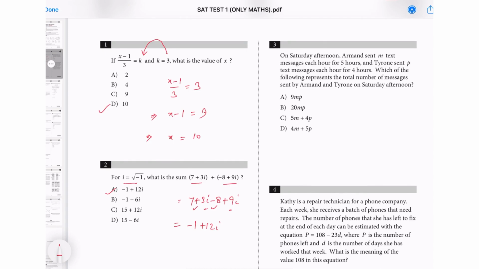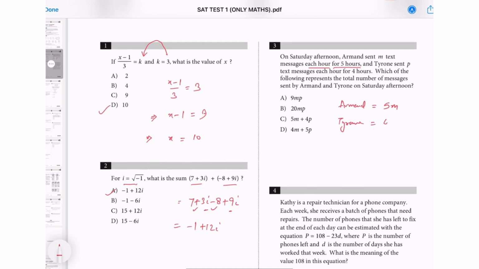Question number 3. On Sunday afternoon, Armand sent m text messages each hour for 5 hours. So the total messages sent by Armand are 5 into m. Whereas Tyrone sent p messages each hour for 4 hours.